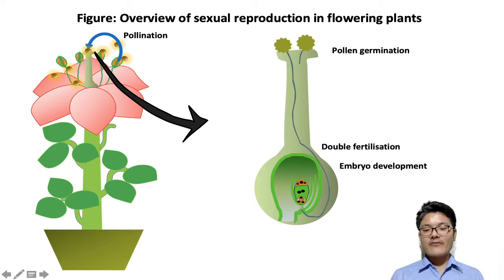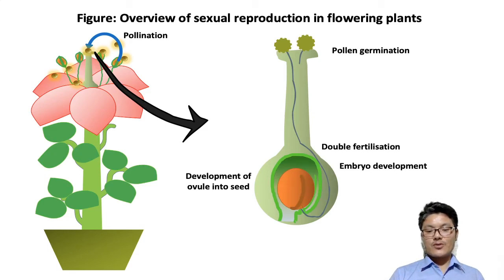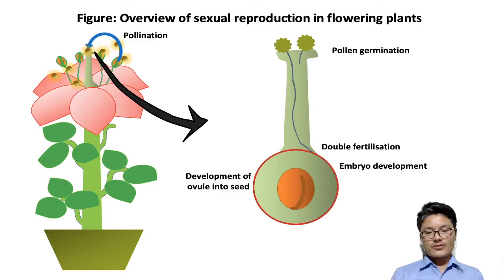Within the ovule, the zygote is usually surrounded by endosperm, and as embryogenesis occurs, finally there is production of seeds. So the ovule will develop into seed inside the ovary, and the ovary will form fruit.